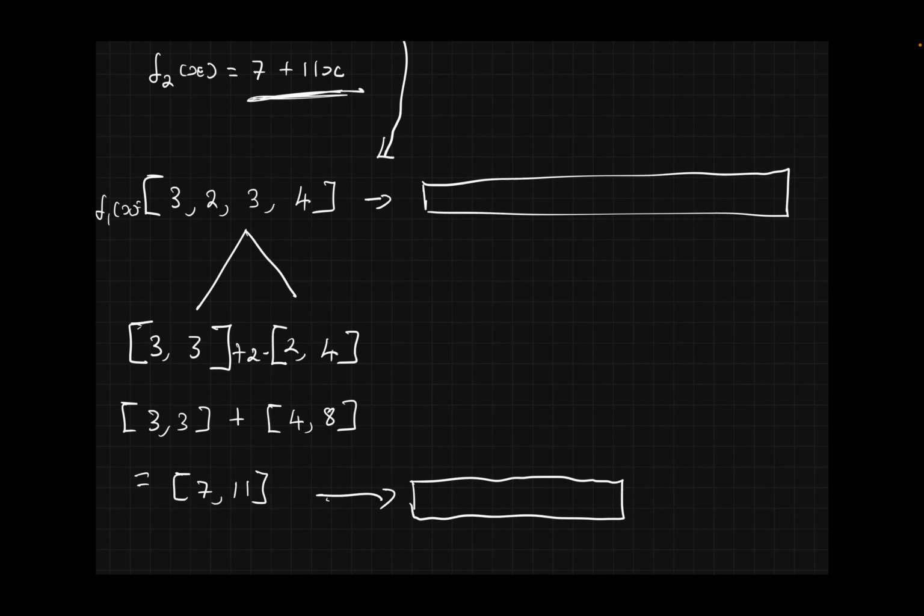FFT allows you to do that same evaluation, but at the roots of unity. It allows you to do it fast using the roots of unity. Reed-Solomon doesn't care about roots of unity. Reed-Solomon is just that your polynomial is a degree D polynomial, say degree 3, so your polynomial can be expressed with just 4 points.